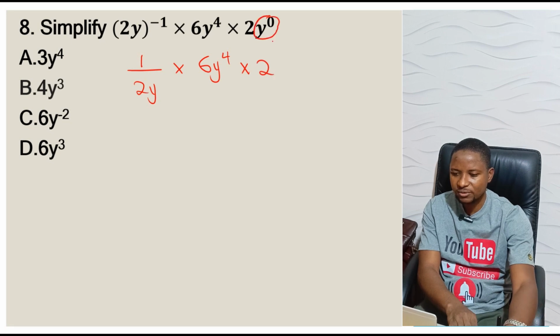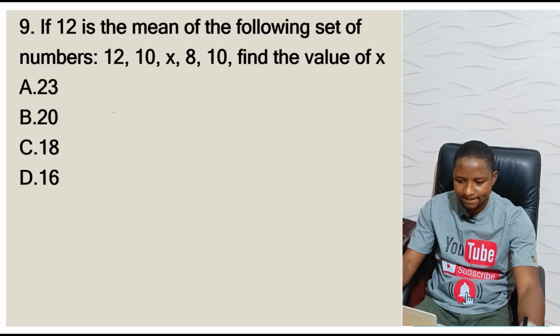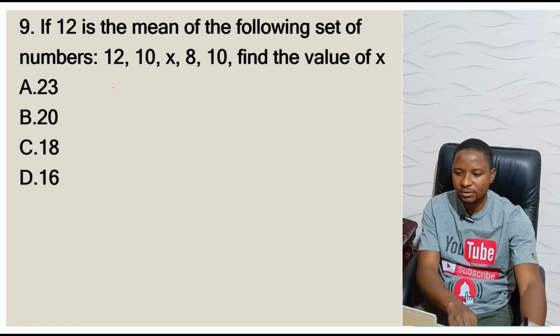Any expression raised to power 0 is always 1, so you can just call this 2. 2 cancels 2, and then y, y in this expression, you will have y raised to power 3. So what you have left is 6y raised to power 3, and that is option D.